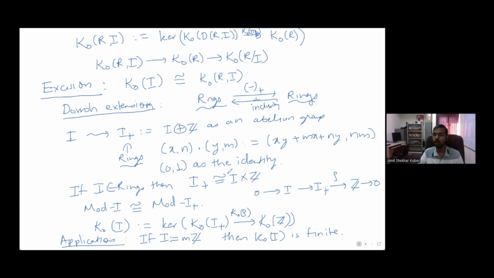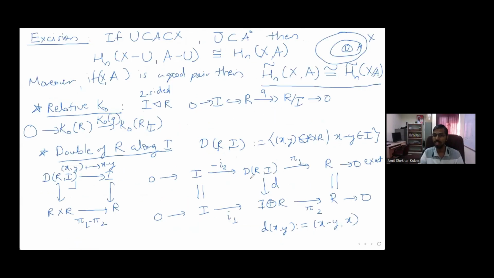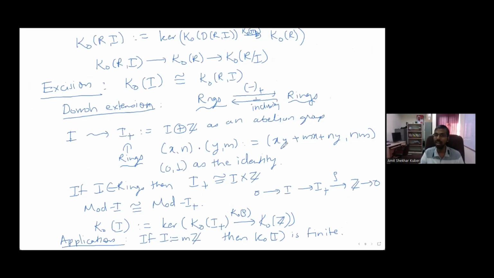Why does excision hold? We do this by replacing Z. I plus can be defined as I direct sum R as an abelian group, with the same kind of multiplication, and everything works nicely.